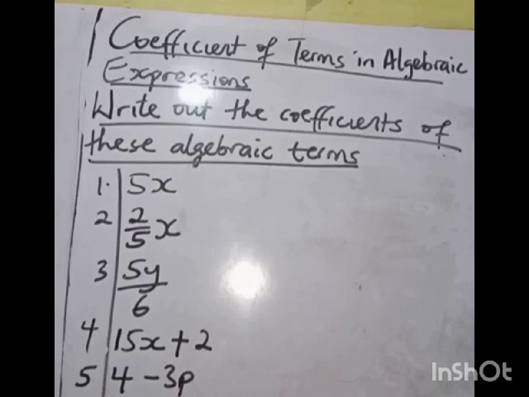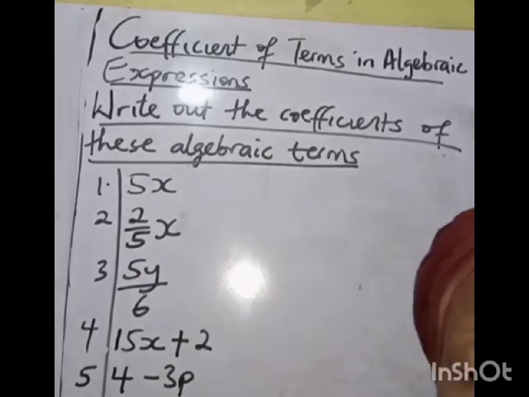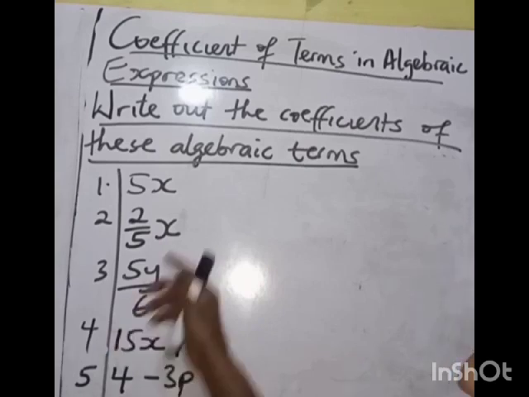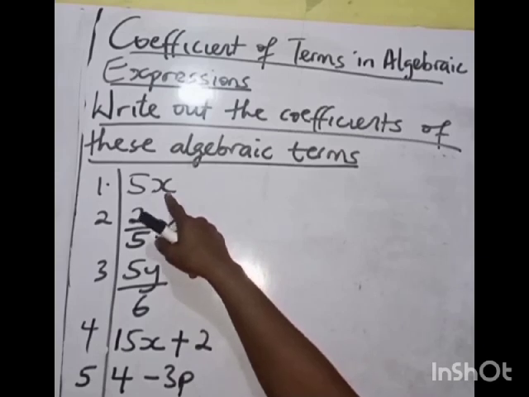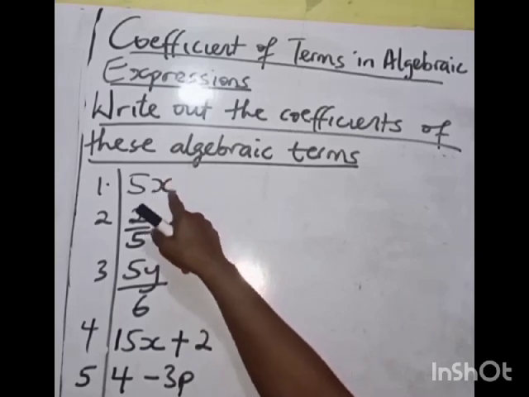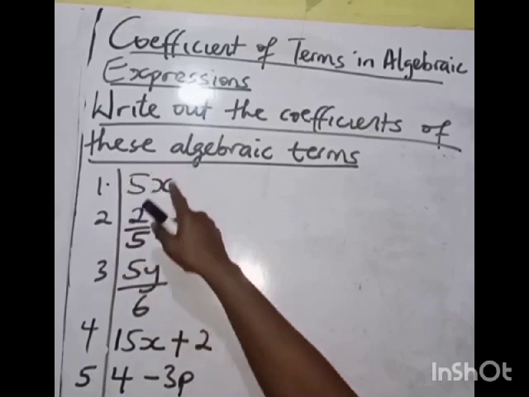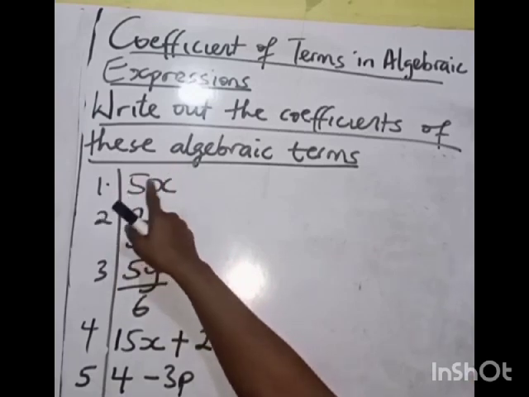So a coefficient of an algebraic term is the number that we use to multiply the algebraic term. In number 1, you have 5x. What it means is that we are multiplying x by 5. 5 is the coefficient of x.